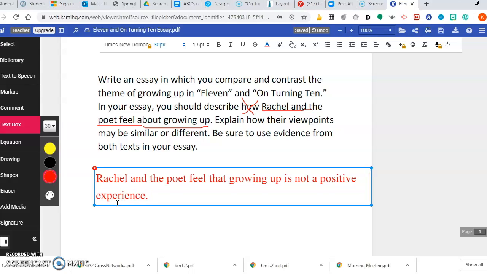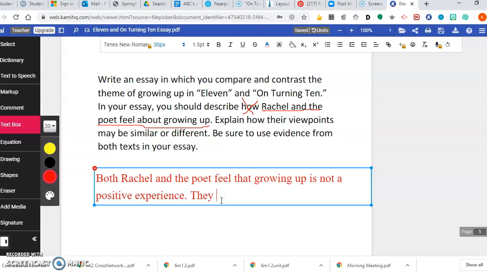Okay, so I used that question to really come up with the similarities. Actually I'm going to go back and change it a little bit now that I've read it. I think it sounds a little weird, so I'm going to change it. Both Rachel and the poet feel that growing up is not a positive experience.